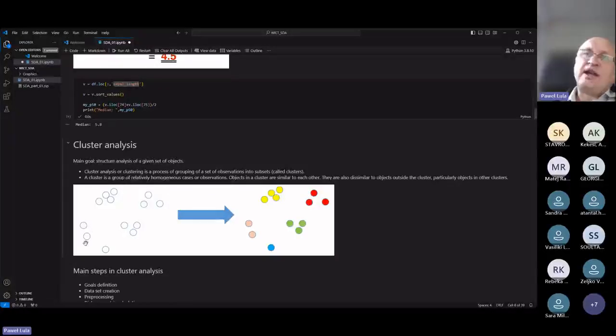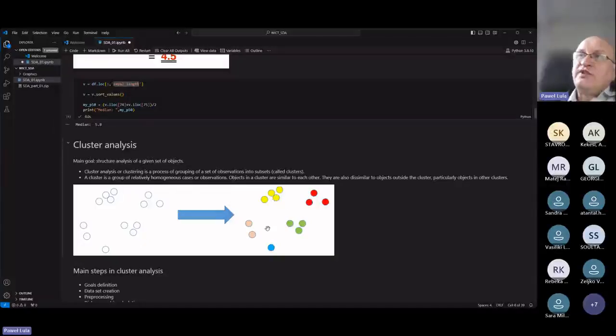Analysis of the structure of our data set to answer the question if it forms one group of similar objects, or if it is possible to divide these objects into some groups which are called clusters.